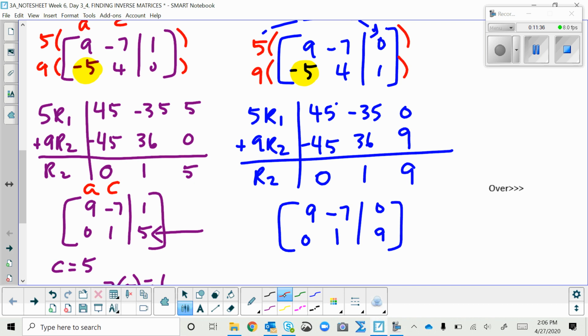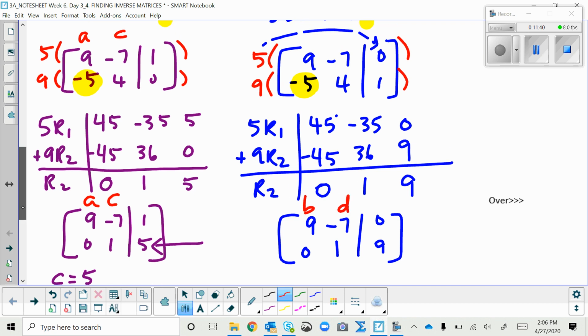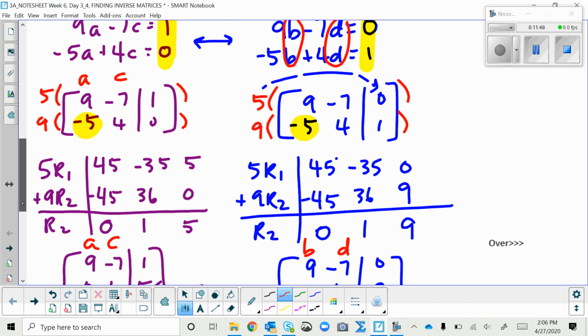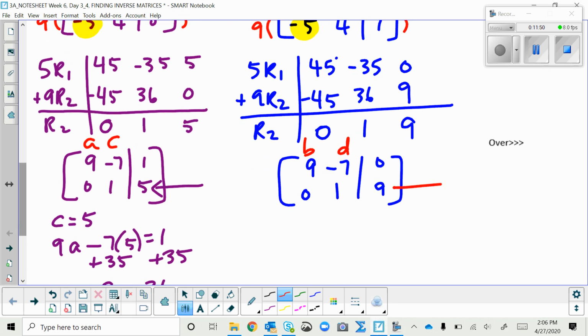It's B and D, right? The first column is B, the second one is D. So when I look at this last row, which equals 9? D does, right? So D equals 9.